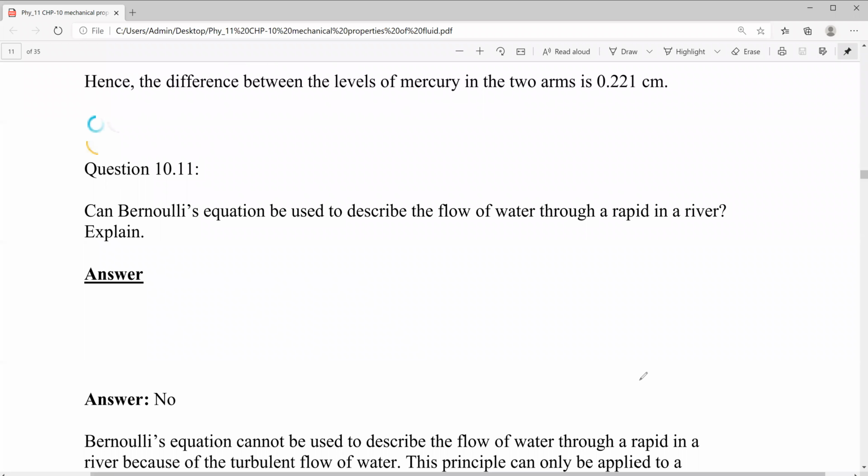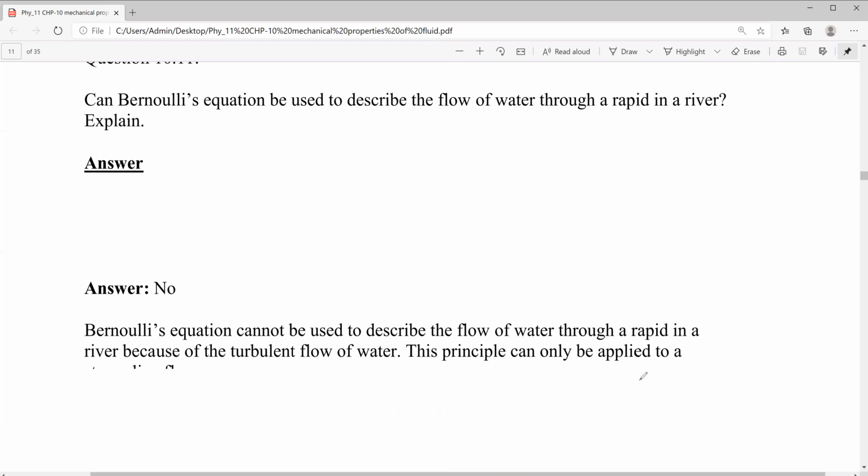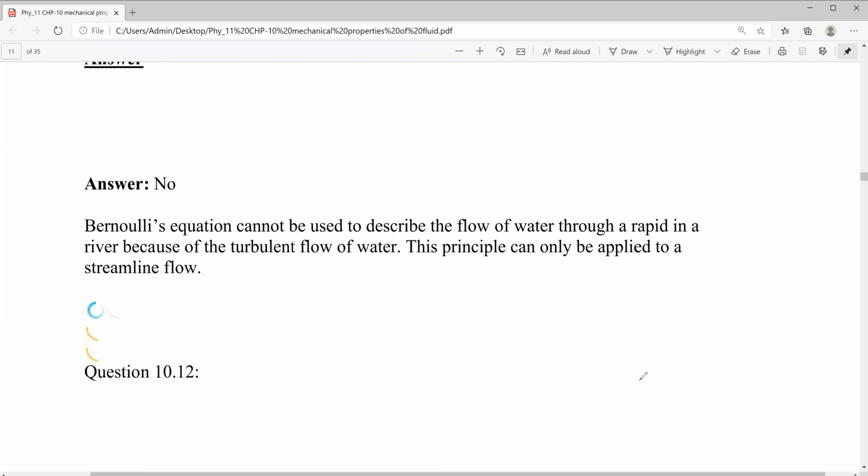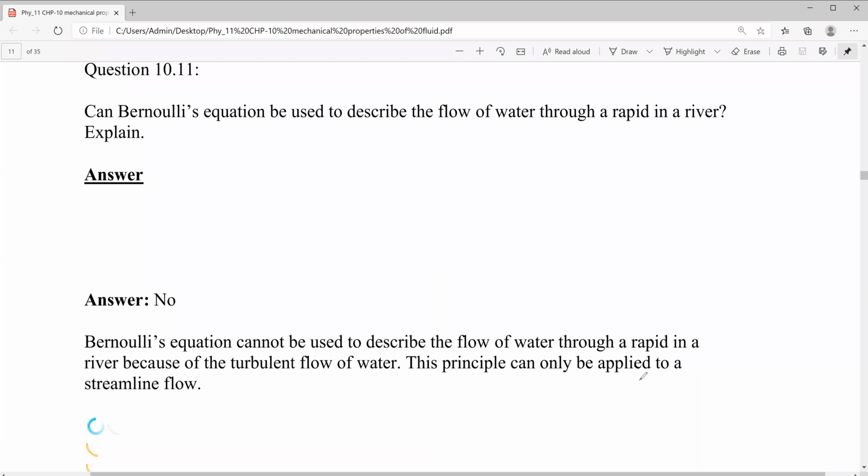Okay, well, next we shall move to next question, that is 10.11. That is based on a theoretical question. Go through it and try to understand that. Can Bernoulli's equation be used to describe flow of water through a rapid in a river? Explain, they ask.